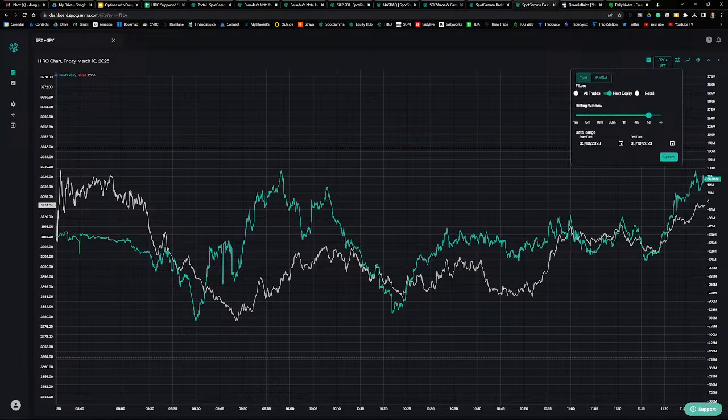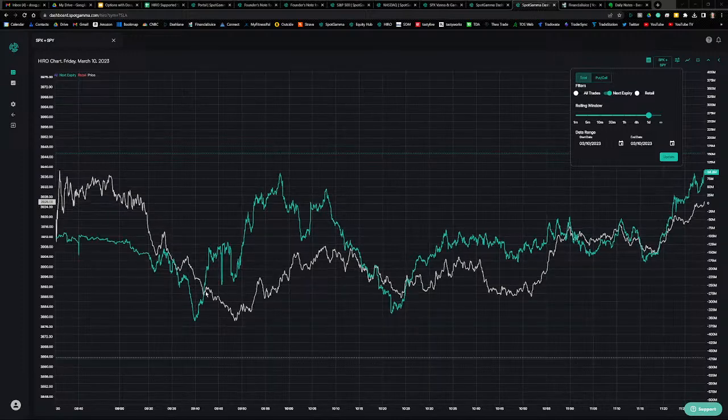So again, this is still SPX plus SPY, but showing options trades that expire today, and these traders, zero DTE options traders, have been driving price higher and lower, and I've shown a number of examples of this this week, and this is a very good signal if you're trading the S&P 500.